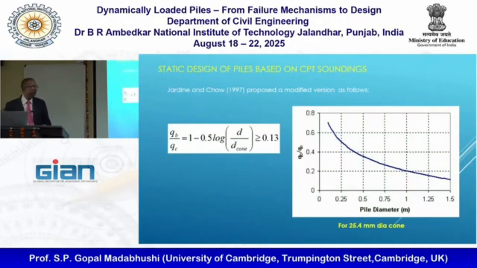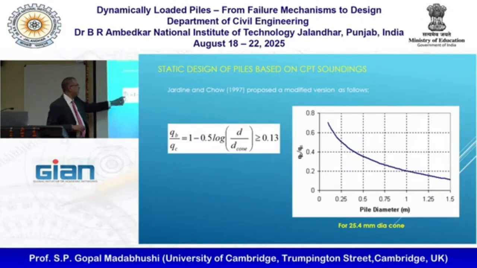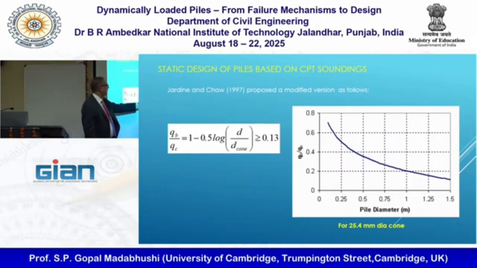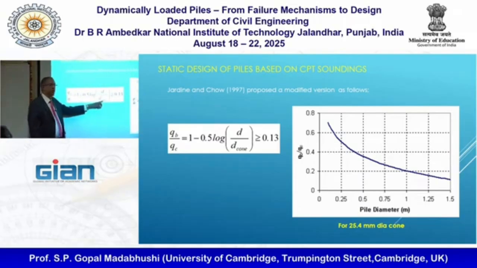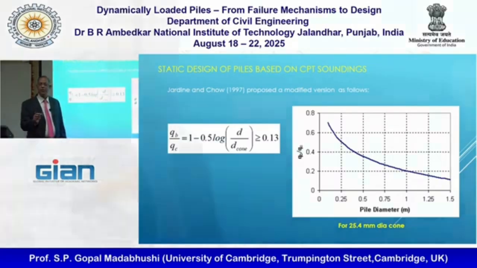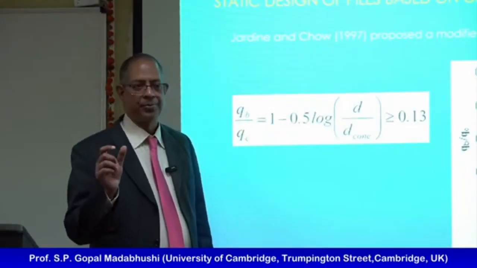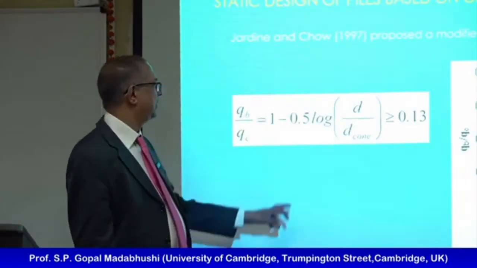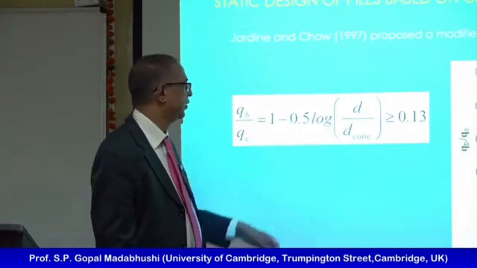There were these people, Richard Jardine and Fiona Chow, who came up with a slightly better and more elegant way of doing the same thing, and in fact, it's much easier to use. So this ratio of QB and QC is linked to this equation, where D is the pile diameter and D cone is the cone diameter. So I only need two things: the diameter of the pile I want, normalized by the diameter of the cone, which is normally maybe a 1.5 inch thick rod. That's the cone rod, right? And this is a natural logarithm, or Ln function, we call it.